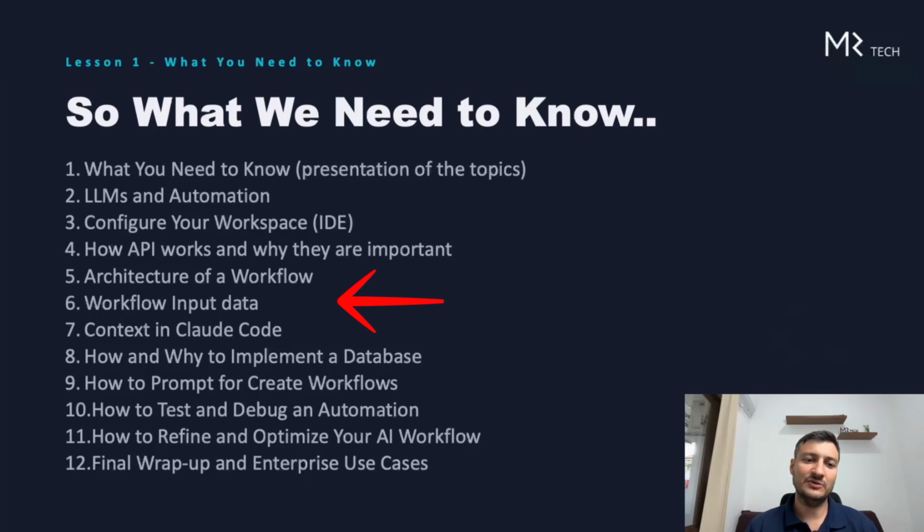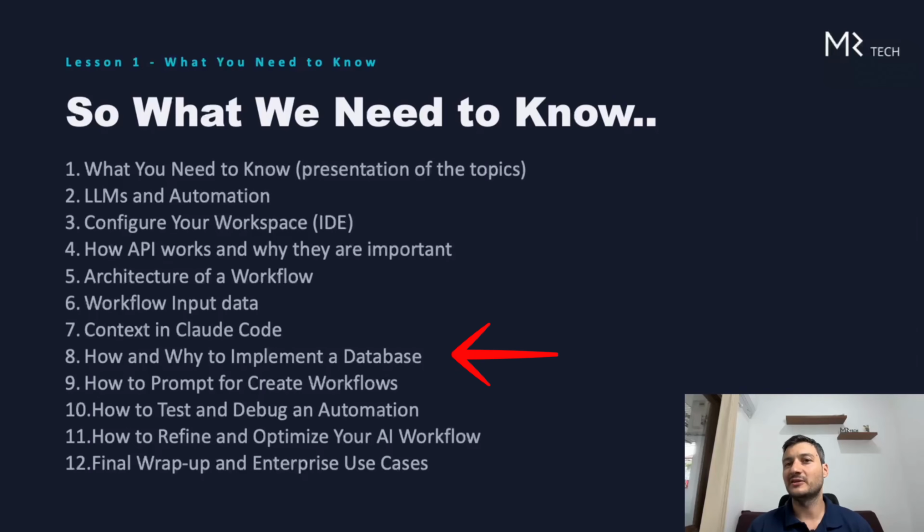In lesson number 6, we are going to see the input data, how it has to be structured, and which are its characteristics, and where we can find this input data for our automation. In lesson 7, we are going to talk about the context, which is very important when we build a workflow, but in general in AI.